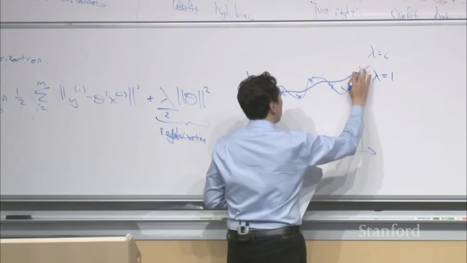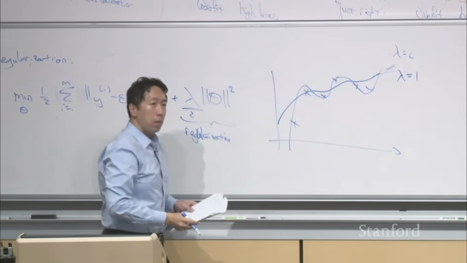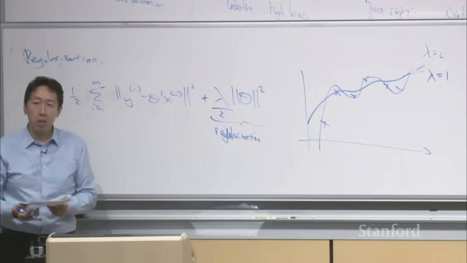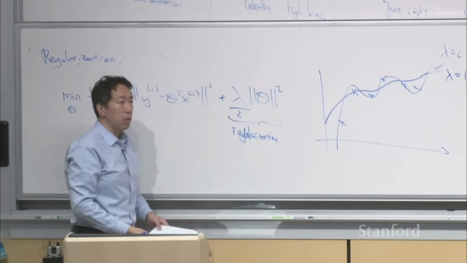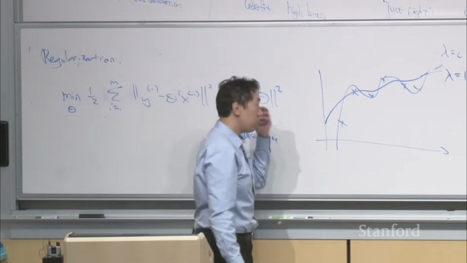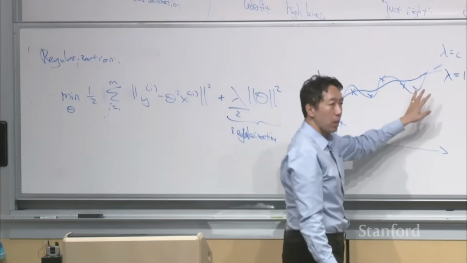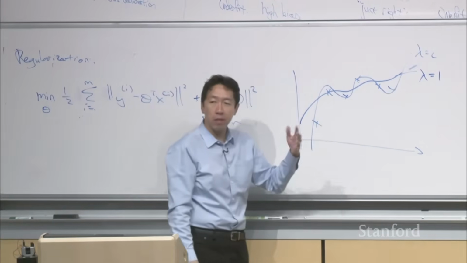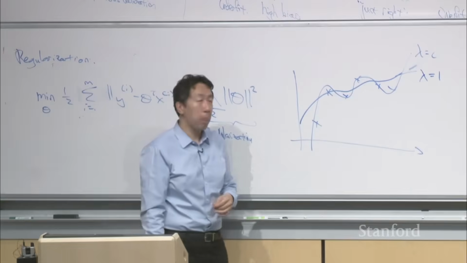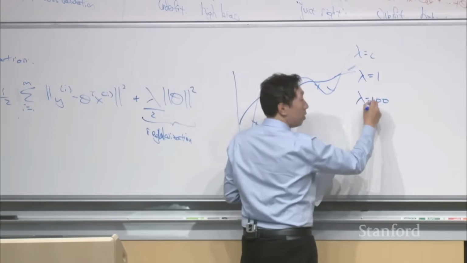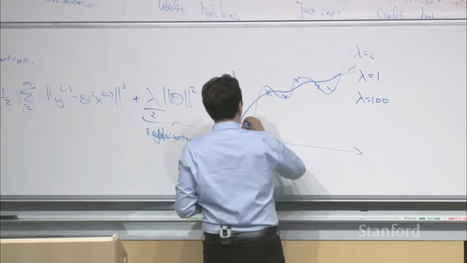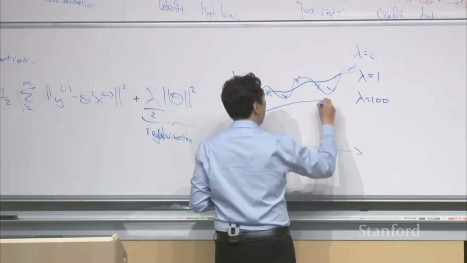Maybe looks like that. By preventing the parameters theta from being too big, you're making it harder for the learning algorithm to overfit the data. Fitting a very high order polynomial like that may result in values of theta that are very large, right? And then if you set lambda to be too large, then you actually end up in an underfitting regime.